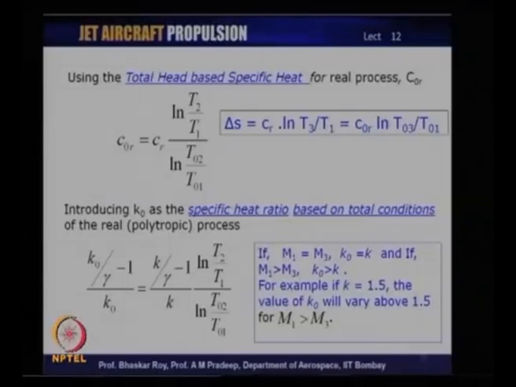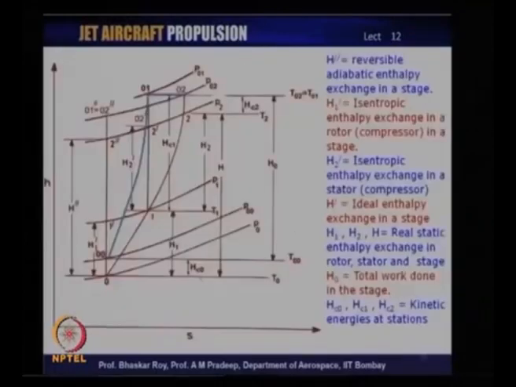Now, this total head based compression process that we have talked about, let us have a quick look at the H S diagram that we had a look at. You see the blue line shows the compression process where the changes are occurring in stagnation parameters from 00 to 01 and from 01 to 02, which means there is a total temperature change from T 00 to T 01.